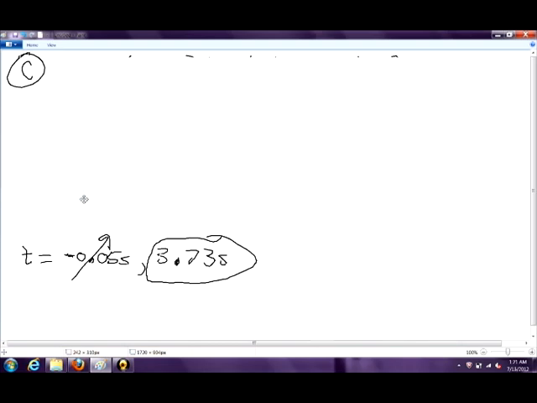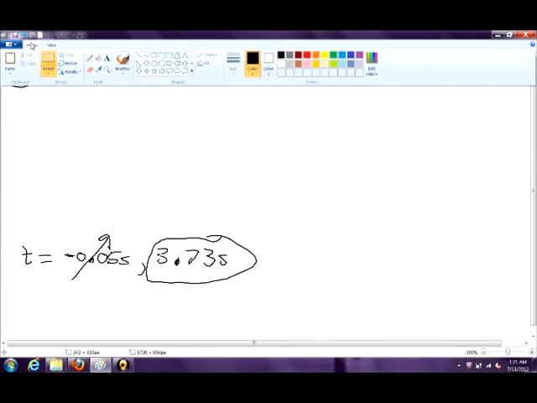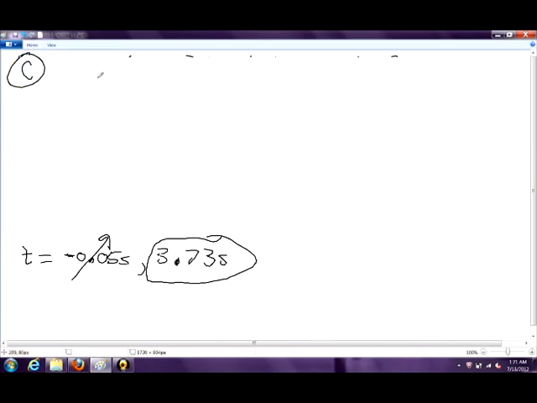Now we've got the second time, because of course 0 is the first time that it was at the level that the ball hit the bat. So the second time is 3.73 seconds later.